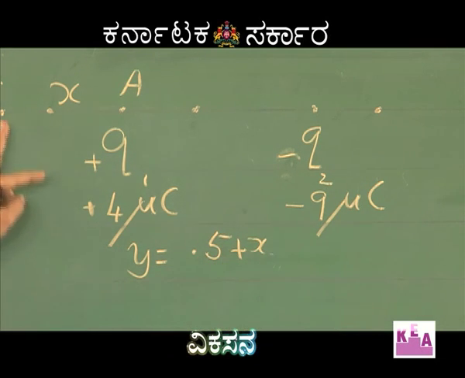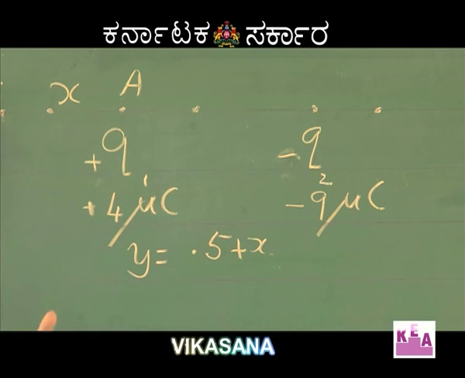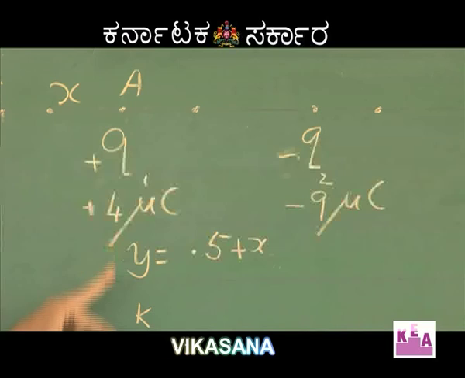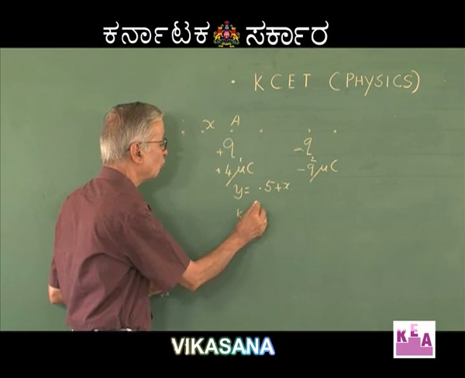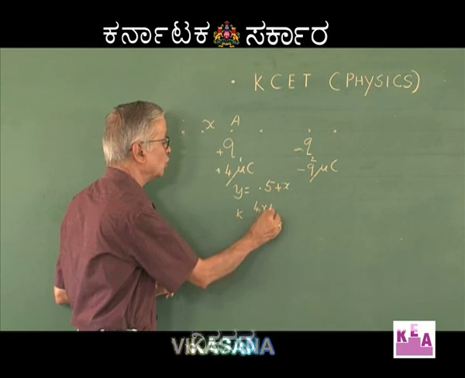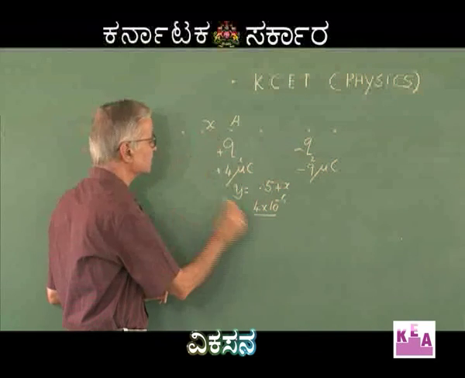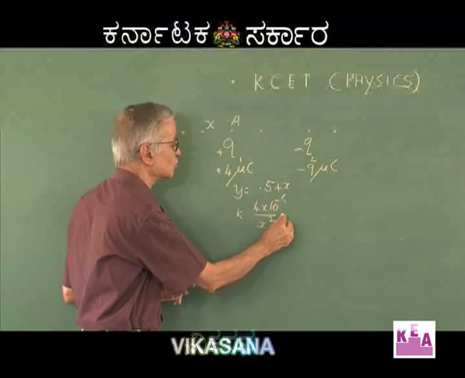If the resultant intensity should be 0 over here, the intensities due to the 2 charges should be numerically equal. Therefore, I am calculating the intensity here due to the charge at A, K into 4 into 10 raised to minus 6 divided by the distance x, that is x square.